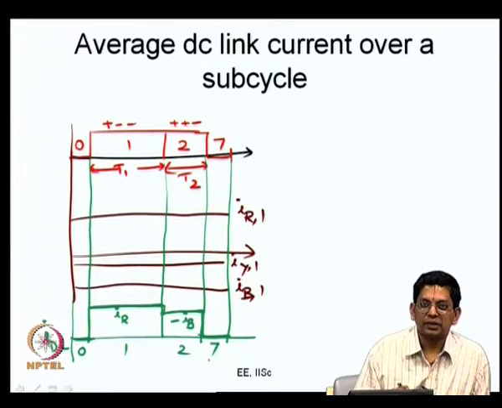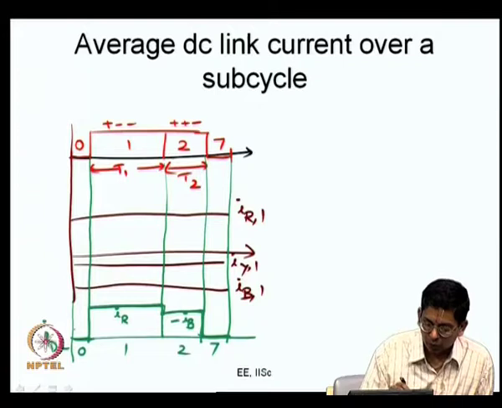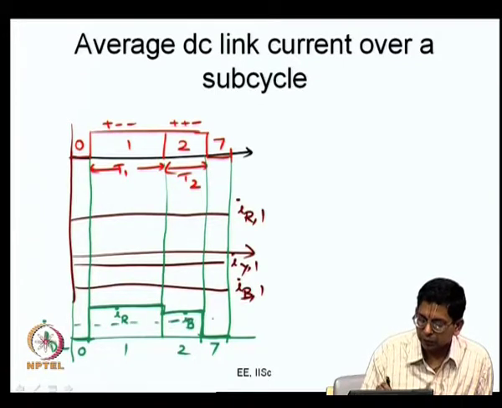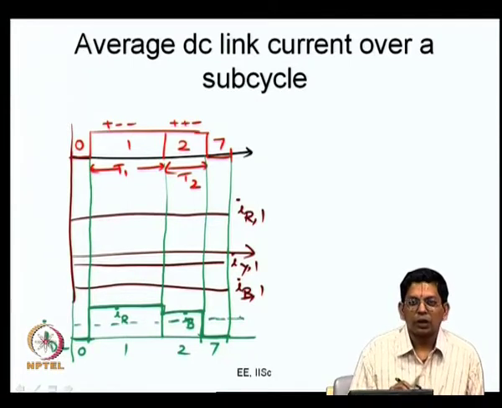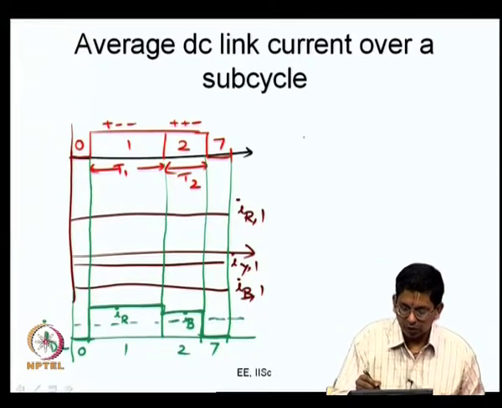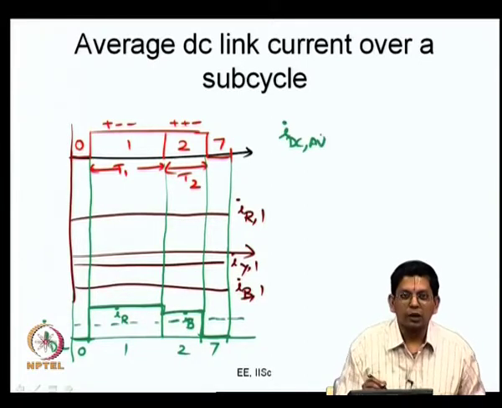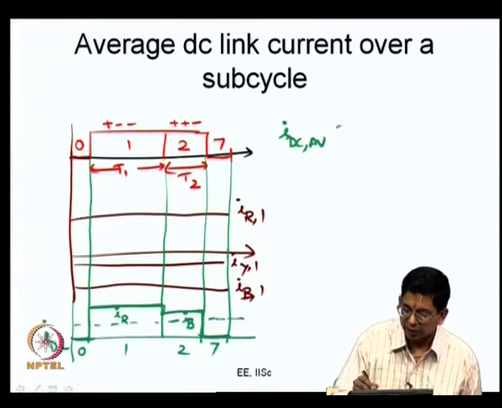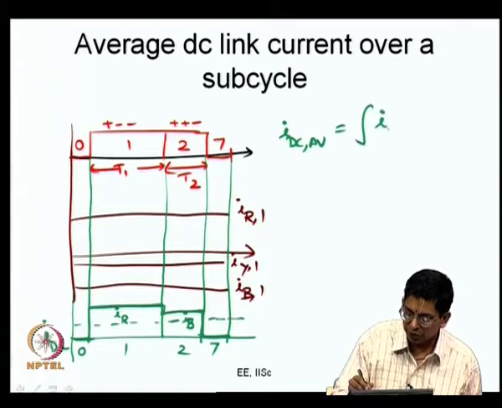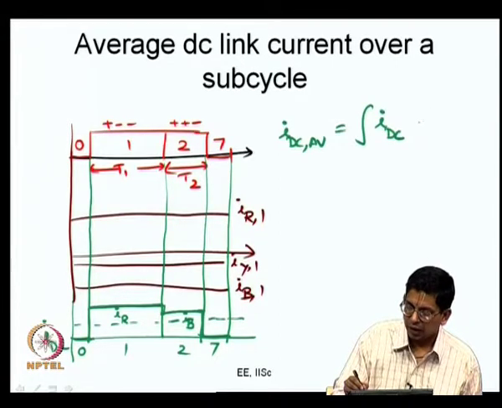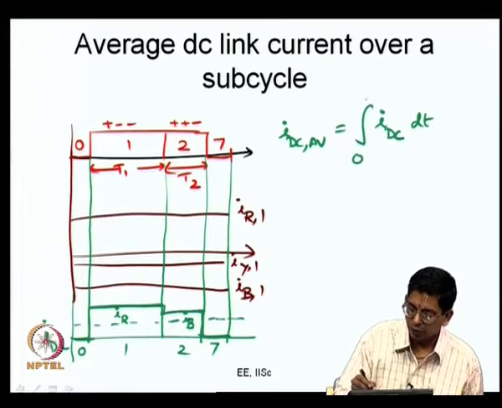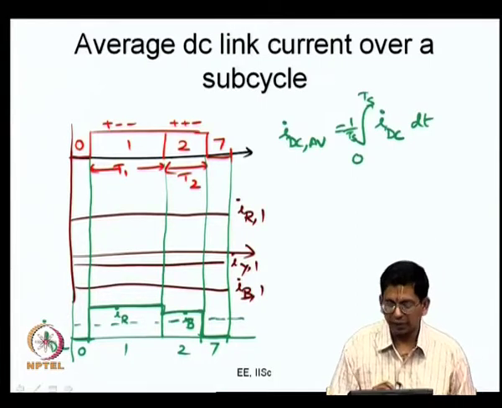And this has a certain average value. Some average value like this. And how much is that average value? Let us call this IDC average. What is that IDC average? That is equal to the instantaneous IDC dt integrated over 0 to Ts divided by Ts.